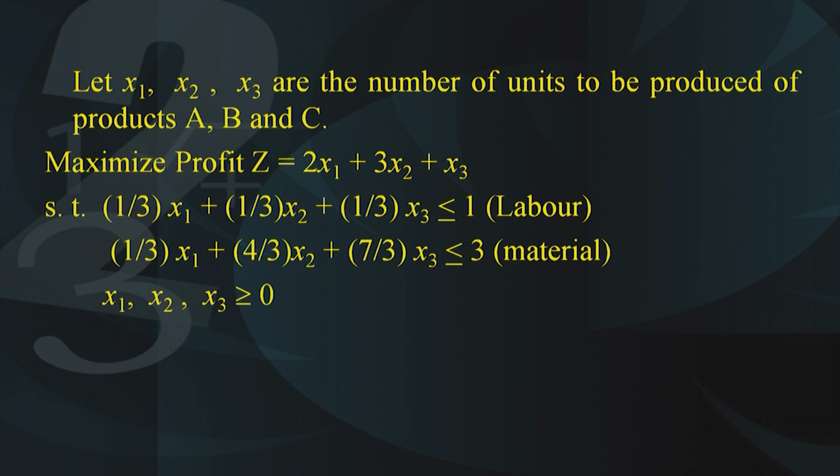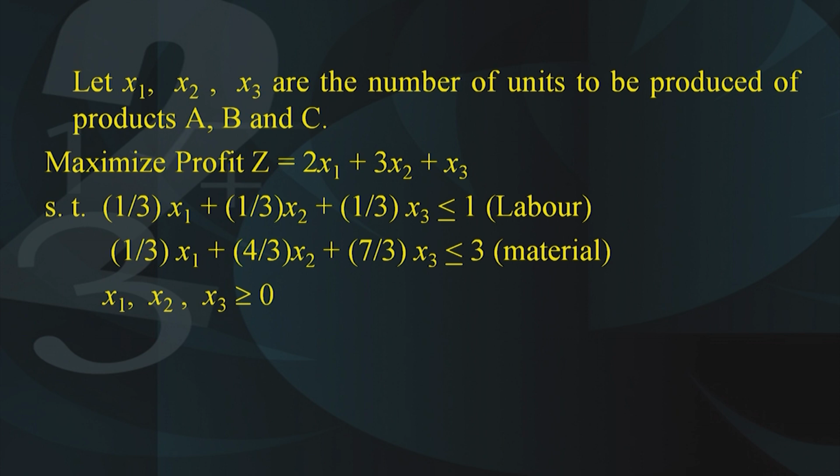We want to maximize the profit, which is given by z is equal to 2x1 plus 3x2 plus x3, and there are two constraints of the problem.